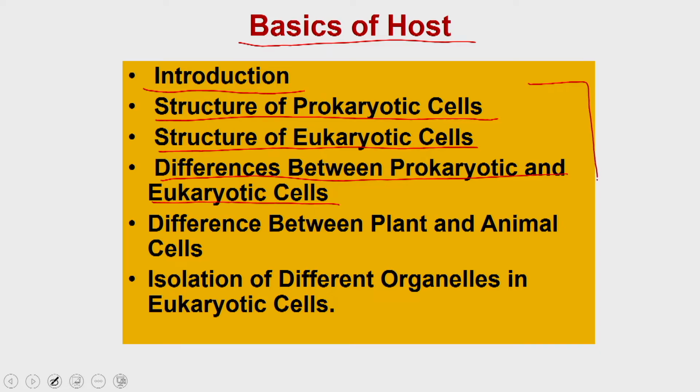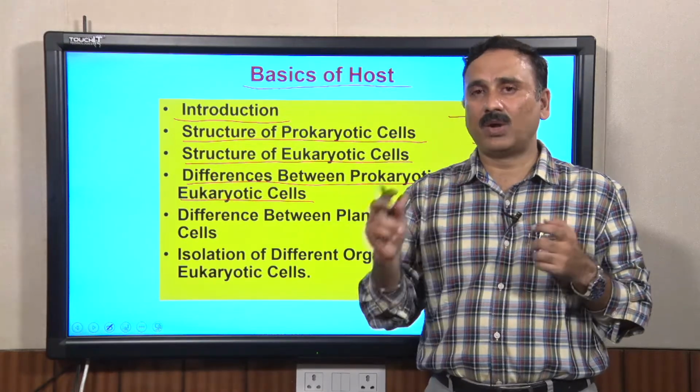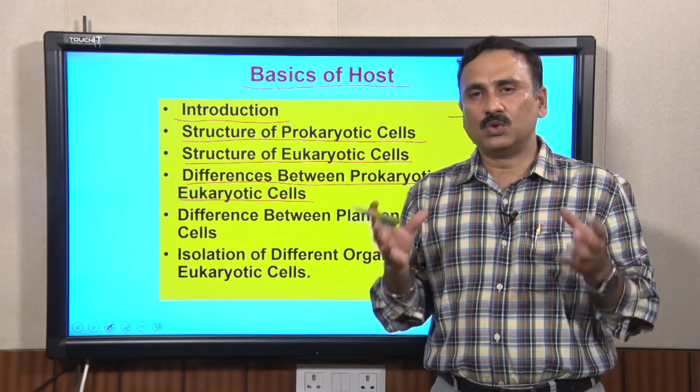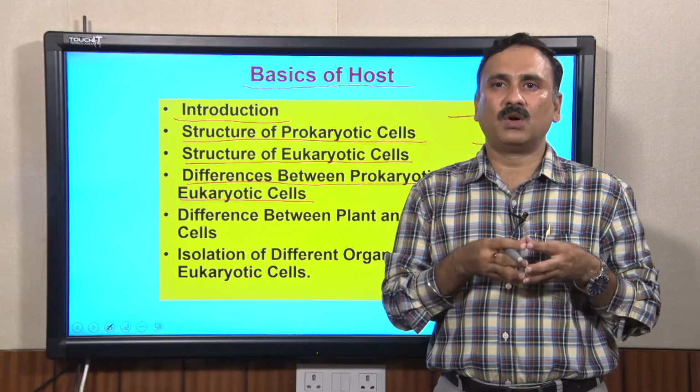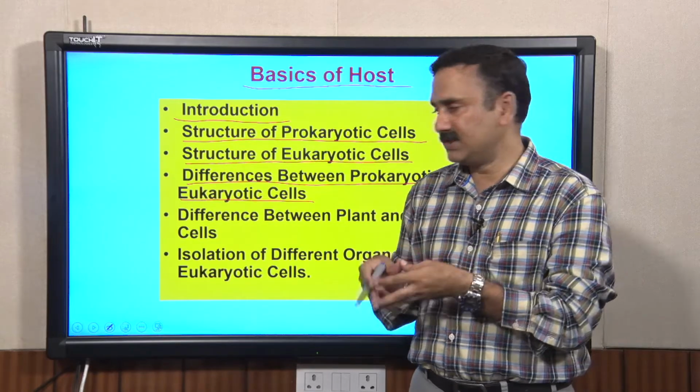This is important because once you know the cellular structures and the differences between them, you can exploit the host strain, and choose the perfect host strain required for overexpressing your protein or your factors.